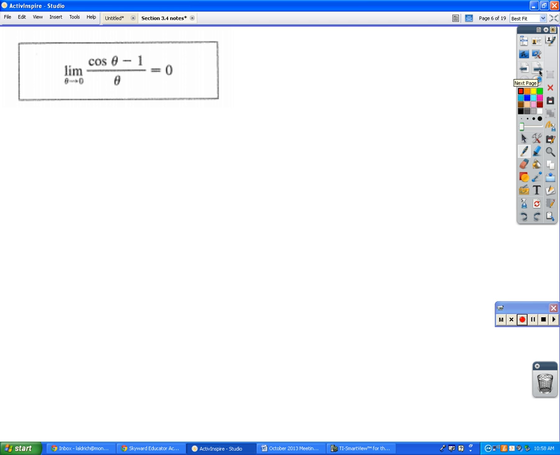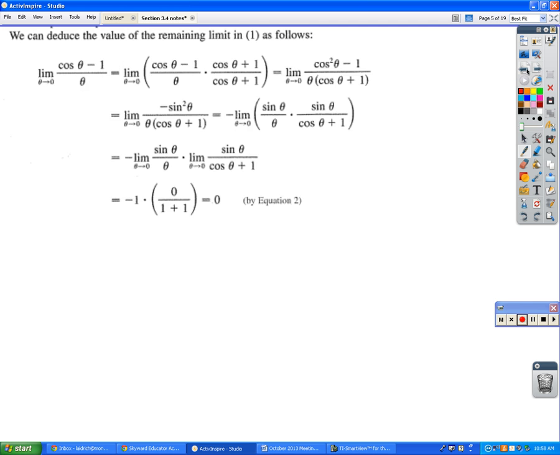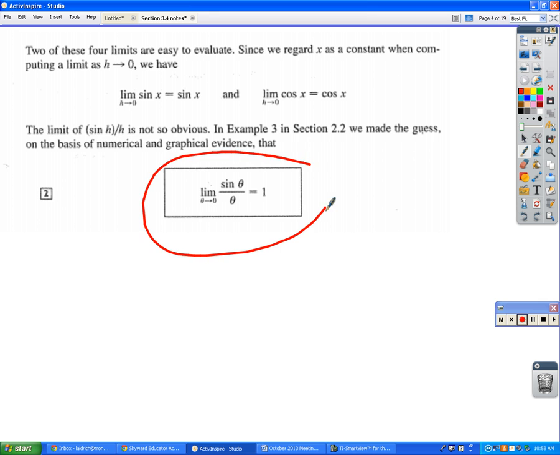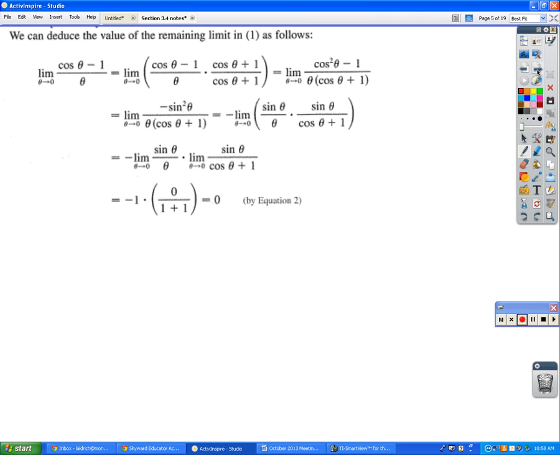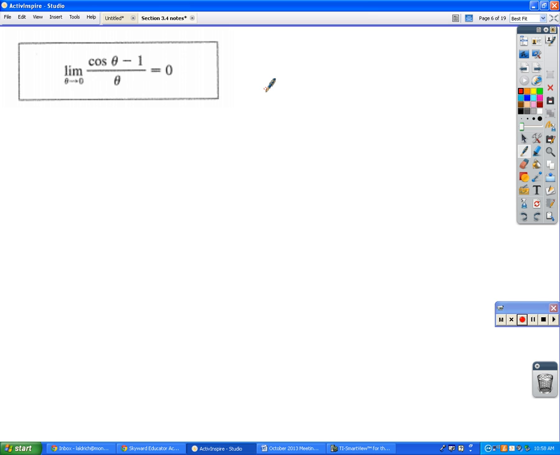So really the moral of this whole story was to refresh your memory about the old one, and also give you this new one that you can put on your note card or in a prominent place in your notes. The old one is the limit as theta approaches 0 of sine of theta over theta is 1.